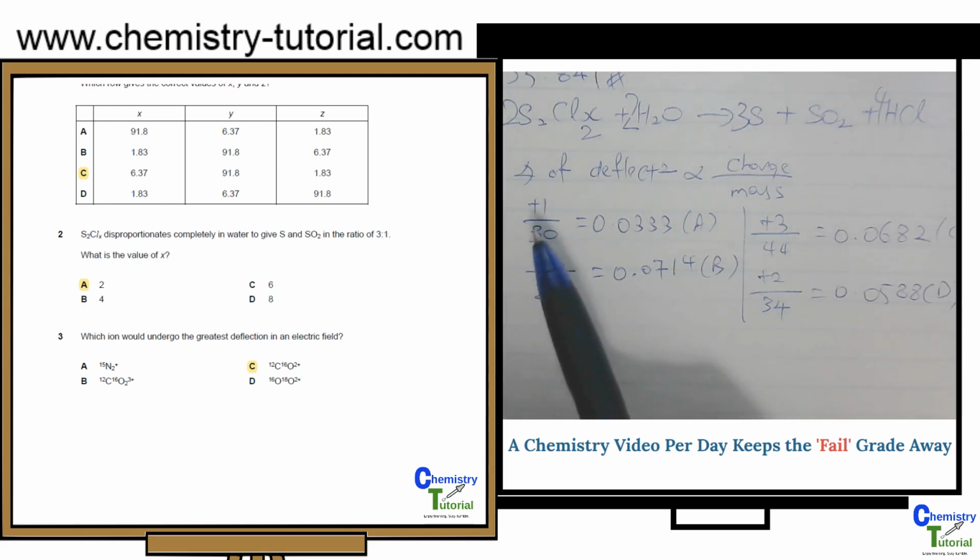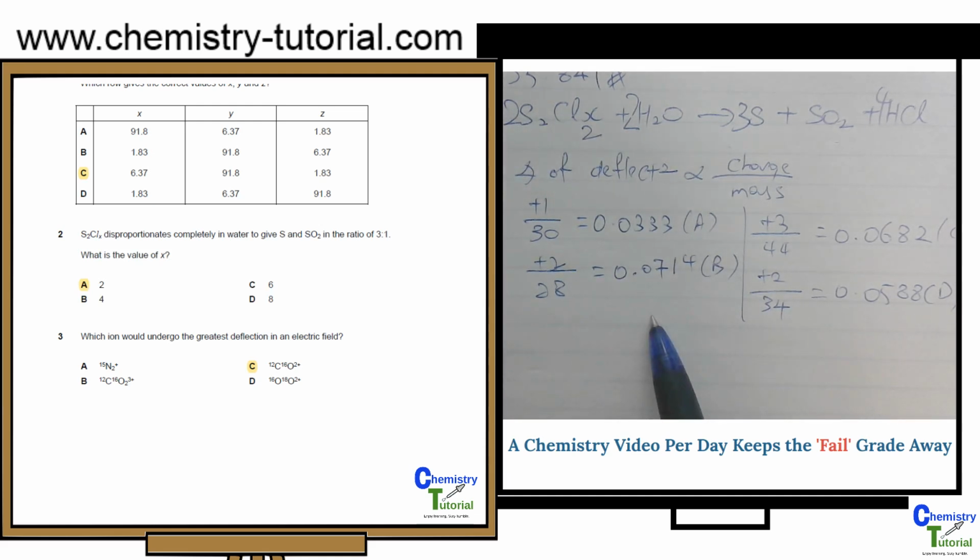So if you want to choose the ion that undergoes the greatest deflection, then we need to check which value is the largest. Let me check. Hold on a minute. Oh, I made a mistake over here.